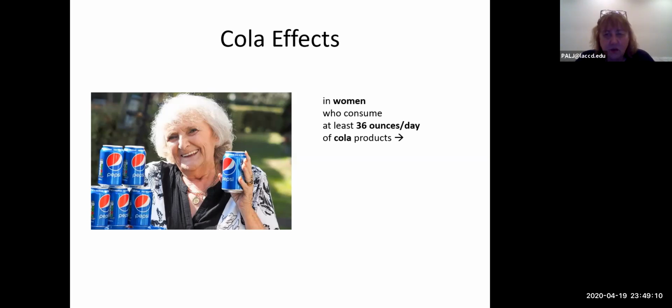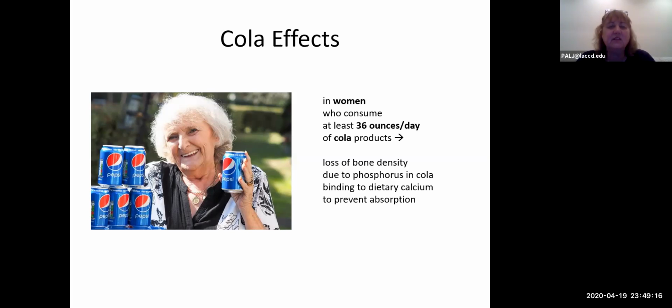So not your Mountain Dew, not your root beer, it doesn't mean it's a brown soda, it means it's a cola product. If you consume at least 3 cans a day, you have such a significant amount of phosphorus that it binds to the dietary calcium and prevents it from being absorbed. Well, at least that's the theory, okay?